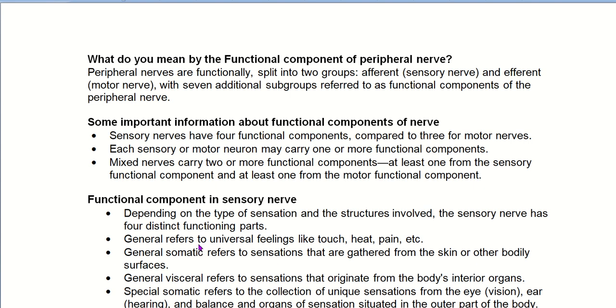Some important points regarding functional components of nerve. Sensory nerves have 4 functional components compared to 3 for motor nerves. Each sensory or motor nerve fiber may carry one or more functional components.